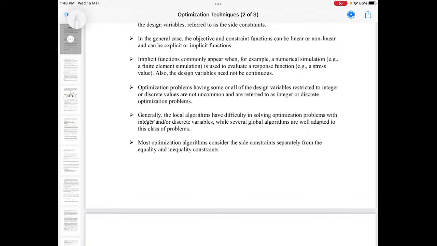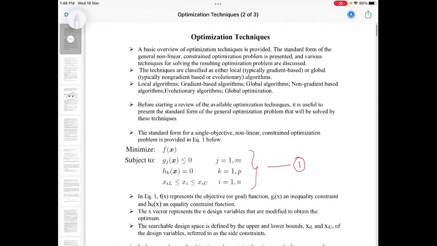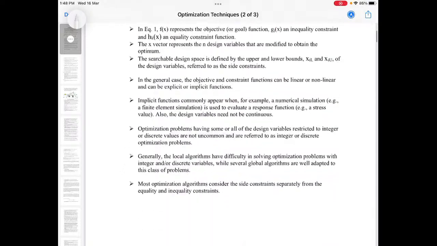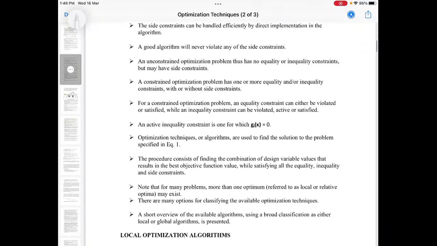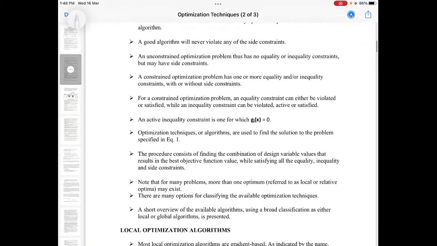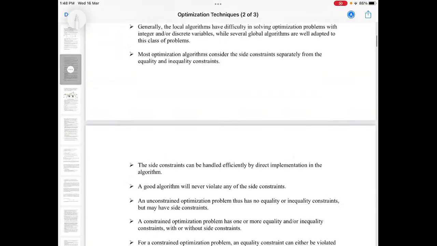Generally the local algorithms have difficulty in solving optimization problems with integer or discrete variables, while several global algorithms are well adapted to this class of problems. As you have seen, earlier we discussed two types of algorithms: the local algorithms and the global algorithms, and the constraints actually depend upon whether we are dealing with a local algorithm or a global algorithm.